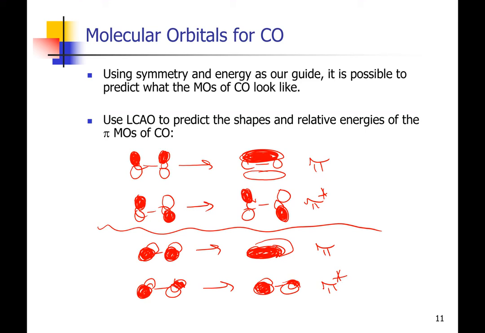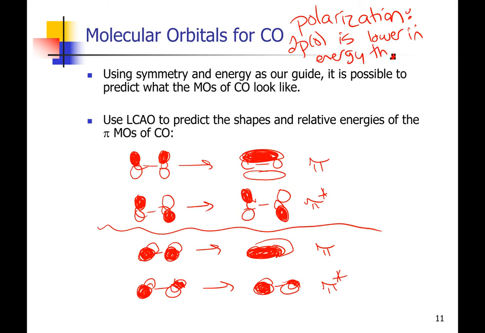Now, if I wanted to factor in the polarization, then I would have to look at which of these p orbitals is lower in energy than the other. 2p on O is lower in energy than 2p on carbon, therefore closer to pi.